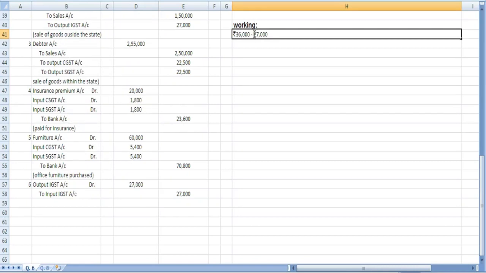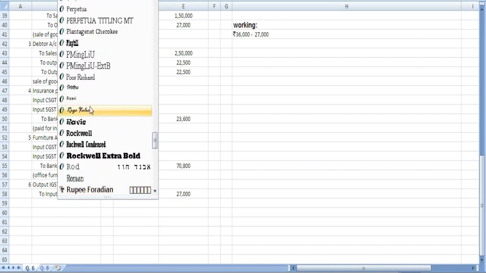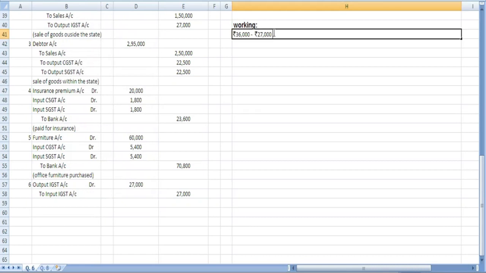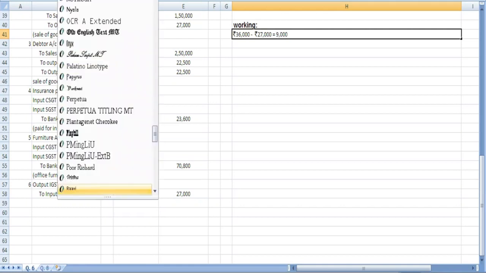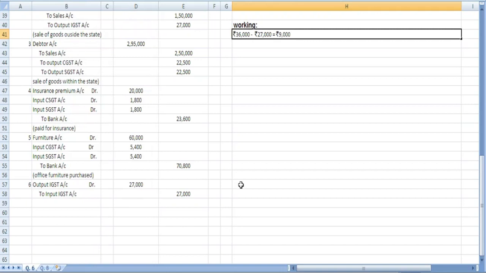So remaining, that is 9,000. The remaining 9,000 will now be adjusted with input CGST.